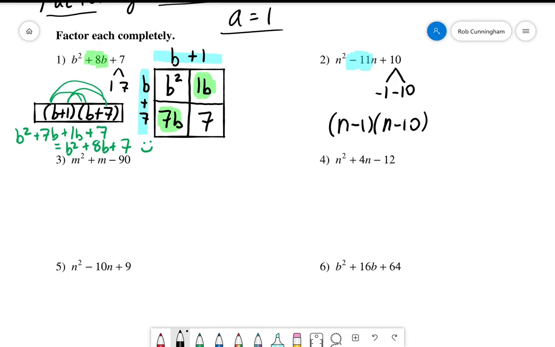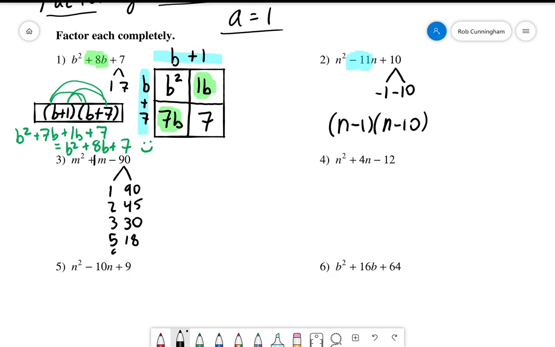Example 3. We need 2 numbers that multiply to make negative 90 and add to make positive 1. Remember, there is a 1 there, it's just invisible. Well, 90 is 1 times 90. It's also 2 times 45. It's 3 times 30. It's 5 times 18.